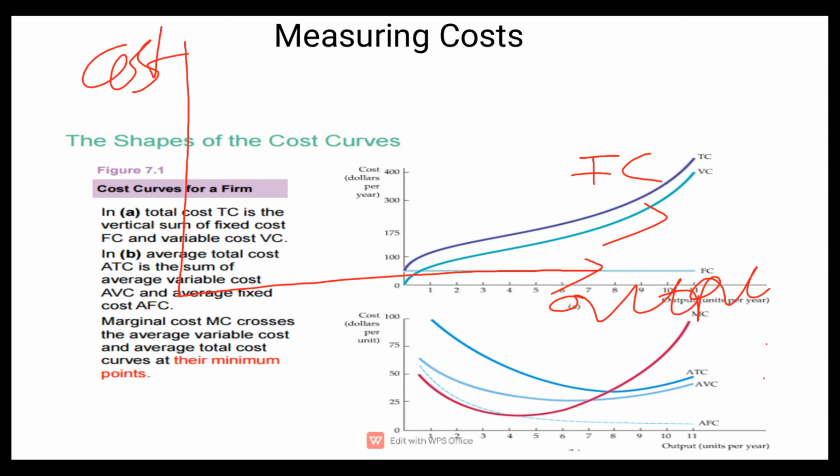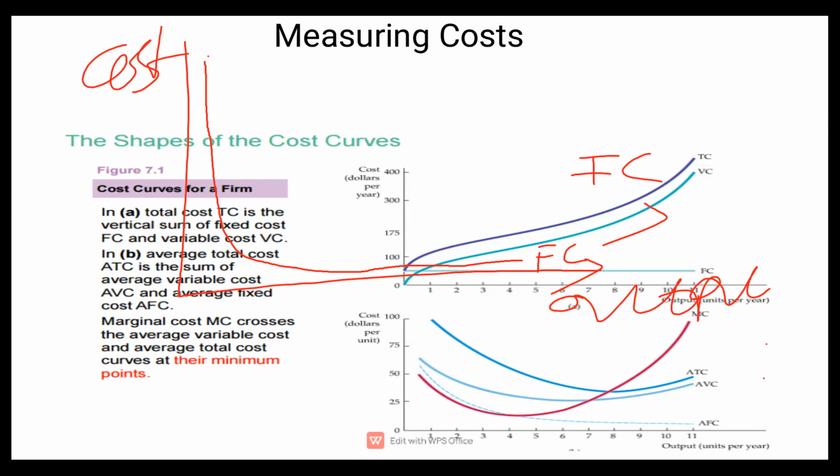asymptotic to the horizontal axis. So to be asymptotic simply means that, listen, it comes closer and closer. Check the way how it moves. This is the average fixed cost. It comes closer and closer to the horizontal axis, but it never touches the horizontal axis or the axis for output, this one. It doesn't.